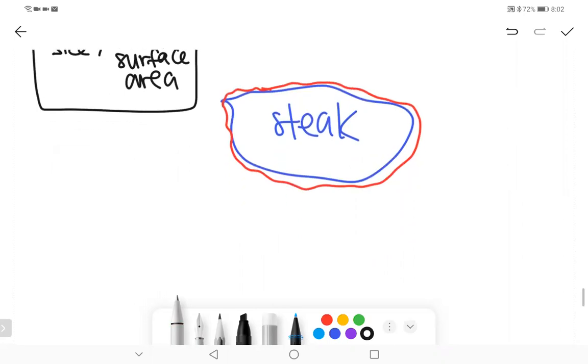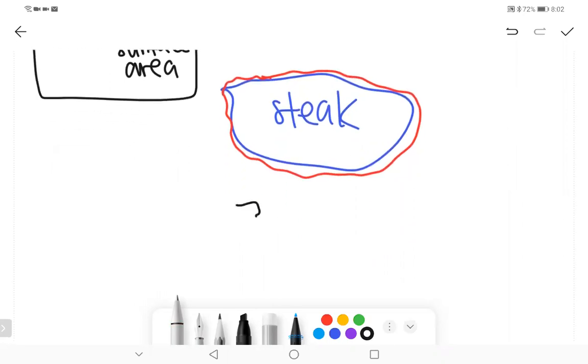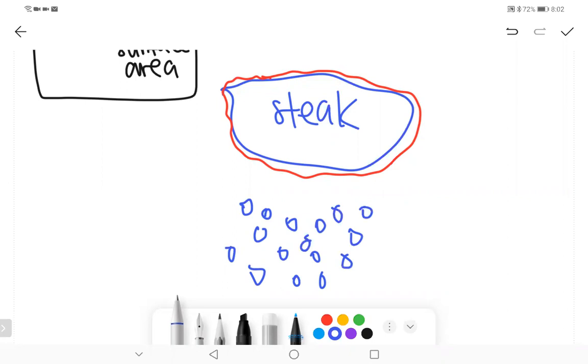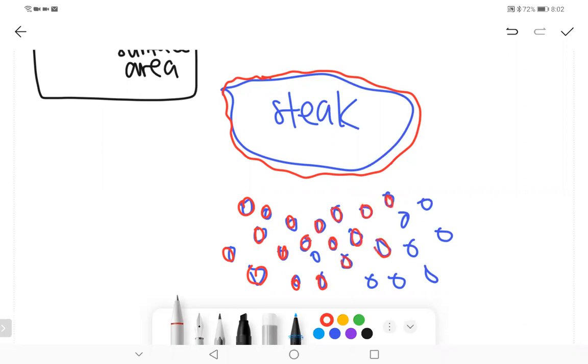Now, if you cut the steak to become smaller like this, you can see the surface area is getting more and more. How come the surface area is getting more and more?